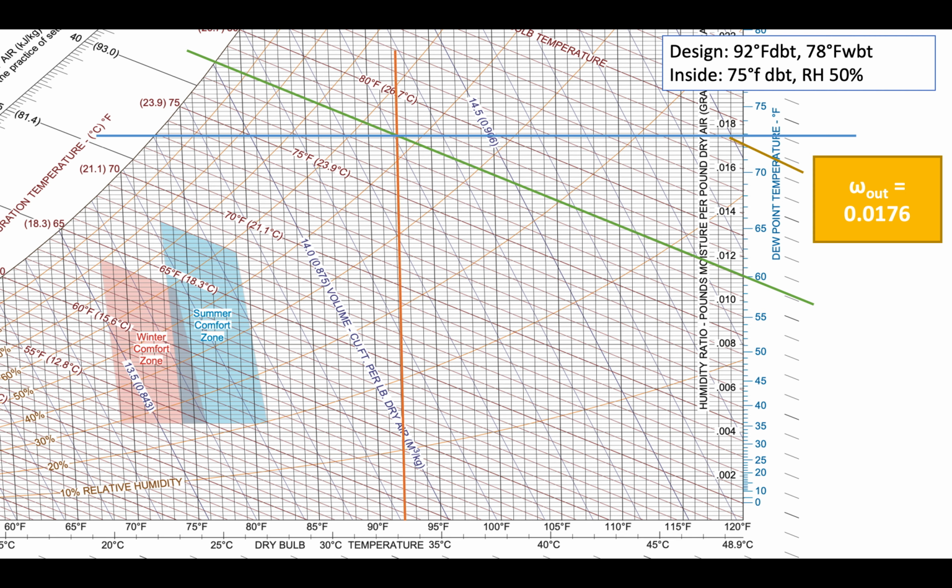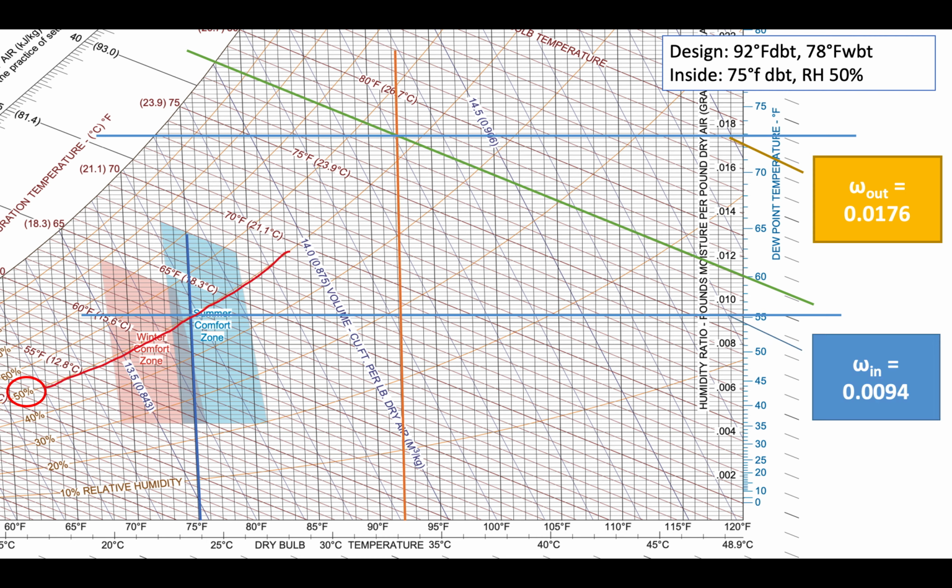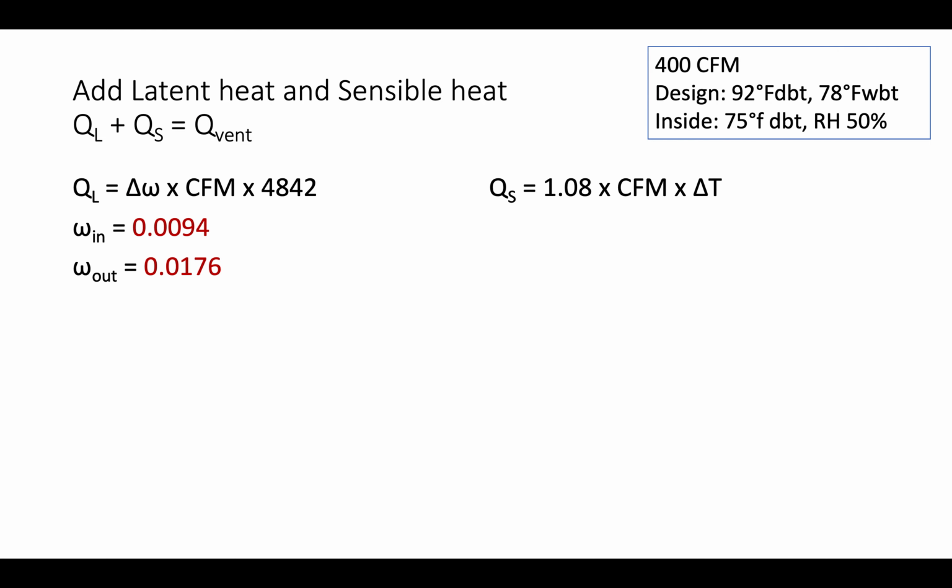Now we also have to find the inside conditions, which we know are 75 degrees Fahrenheit, and then we follow the curved line for 50% relative humidity. Where those two lines intersect, we look over at the absolute humidity there, and we can see that it is about 0.0094.